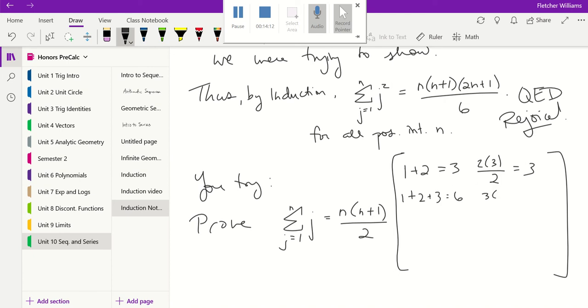And in fact, 3 times 4 over 2 does equal 6. So I'm just showing you for the first few that it does work. But we want to know that it's true for all n.